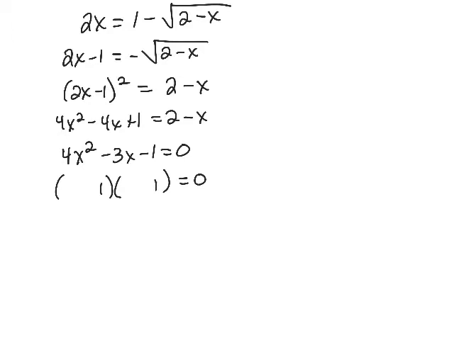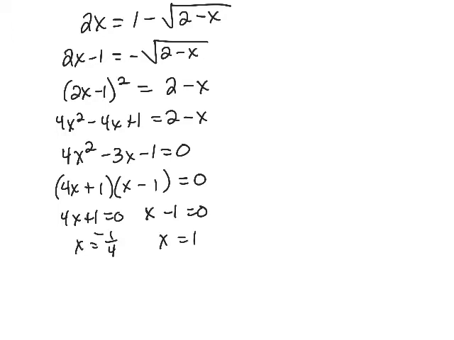I need a difference of 3, so that tells me I need a 4x and an x. I need the 4 to be negative, the 1 to be positive, and that's going to get me my negative 3x. 4x plus 1 is equal to 0. x minus 1 is equal to 0. So x is either going to be negative 1/4 or x is equal to 1.